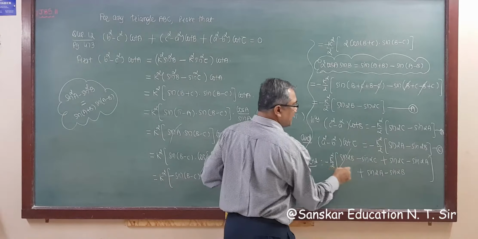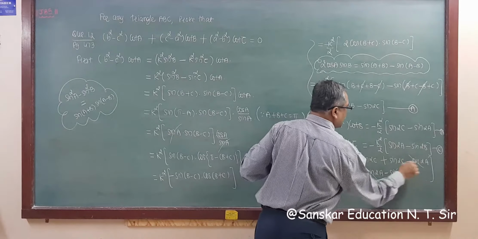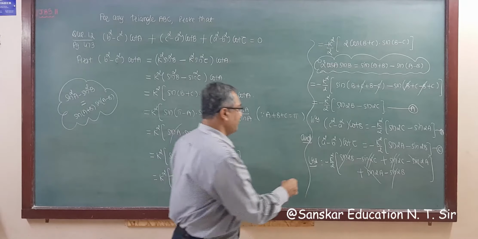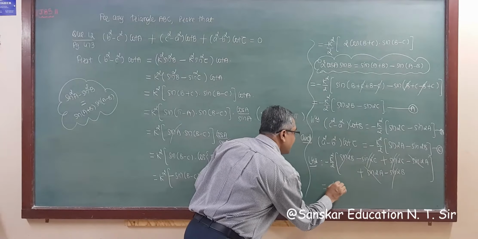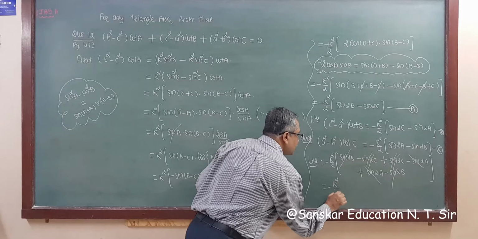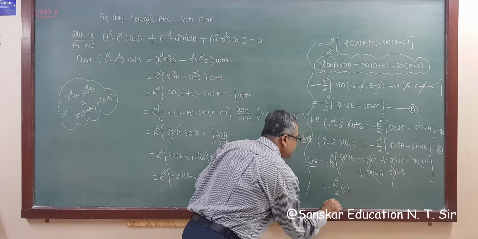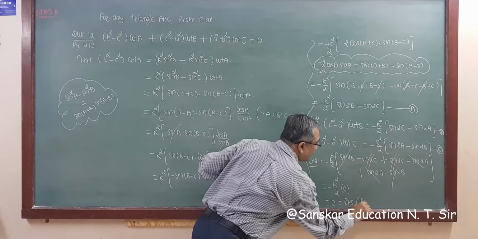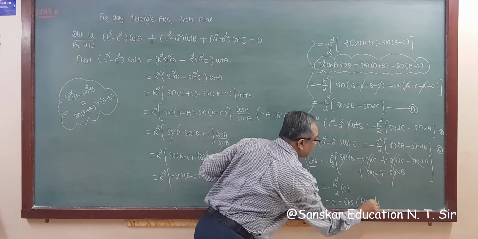So sine 2B, sine 2A, sine 2C all will be cut. So answer will be 0. So this is minus k square by 2 into 0, that is 0. That is your right hand side and what you want to prove, right?